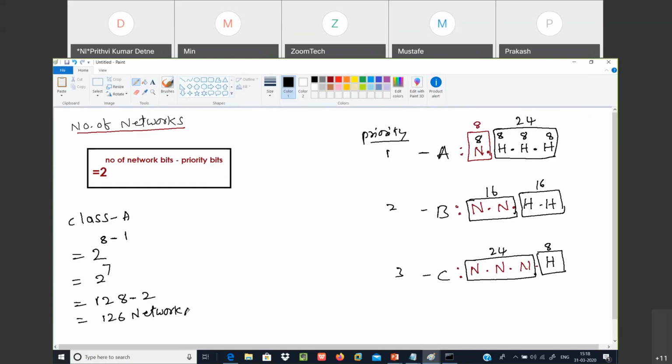But why are 2 networks minus? Why are 2 networks not usable? You know why? Because we are calculating for class A, right? So tell me the first class A range. What is the class A range?